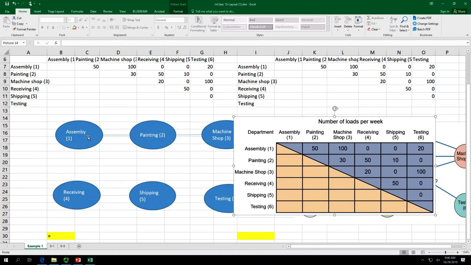If you look at this matrix over here, 1 and 2, if they are close together, moving one material load is going to cost $1. So here it is 50, equal to this 50, then you times 1.